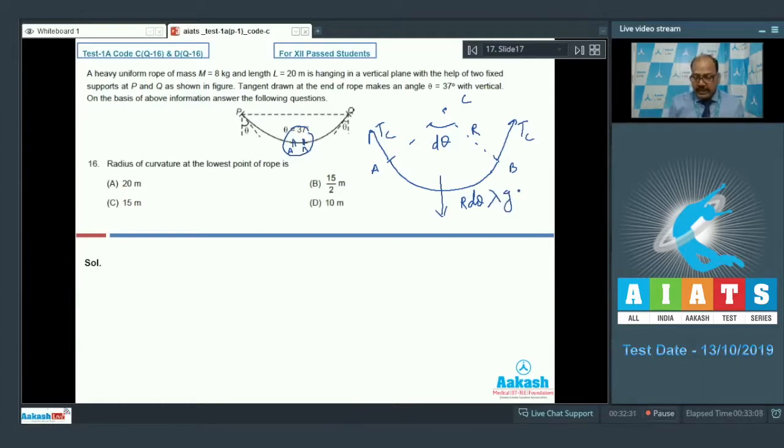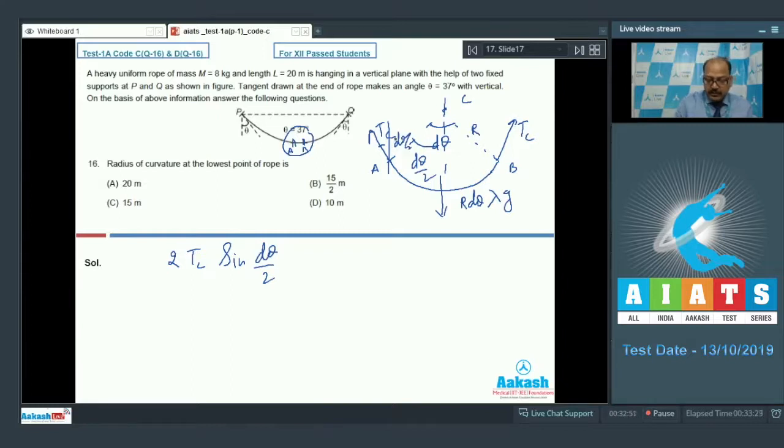Again, if we look at the vertical equilibrium of this segment, we get the expression 2Tc sine d theta by 2, because if we draw a vertical line, this angle is d theta by 2. So this angle is also d theta by 2.